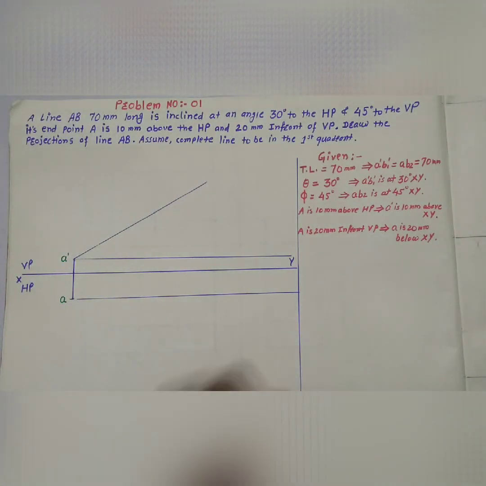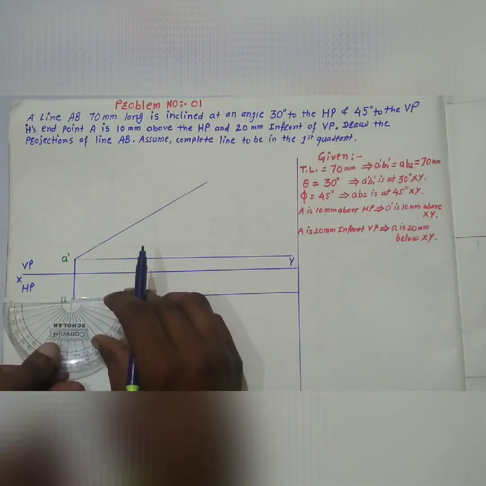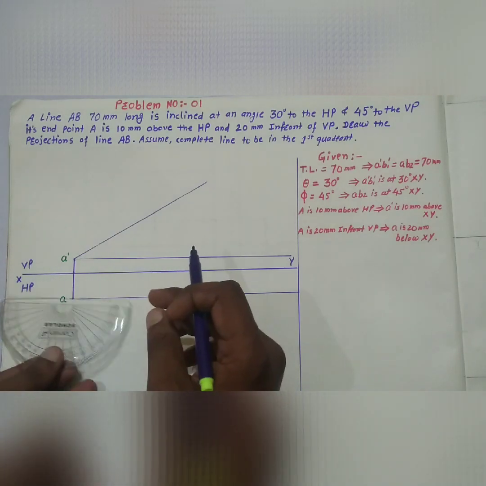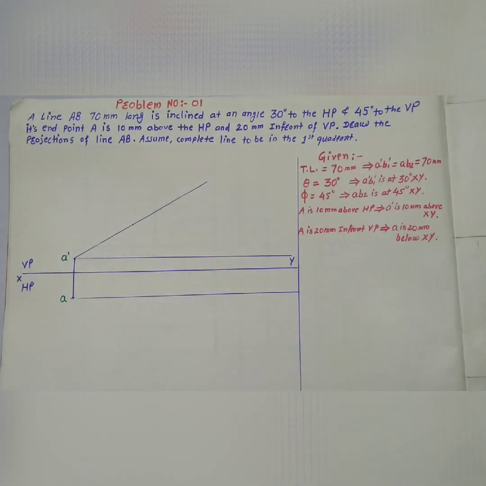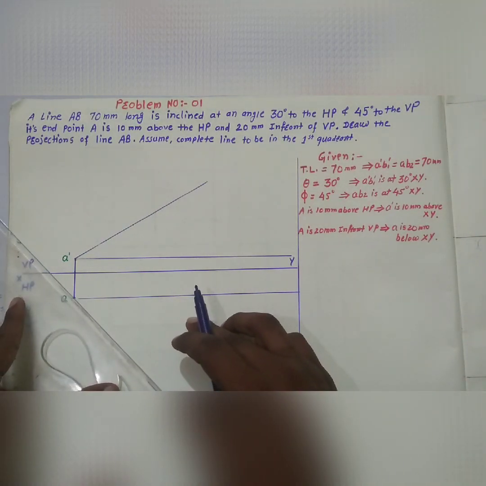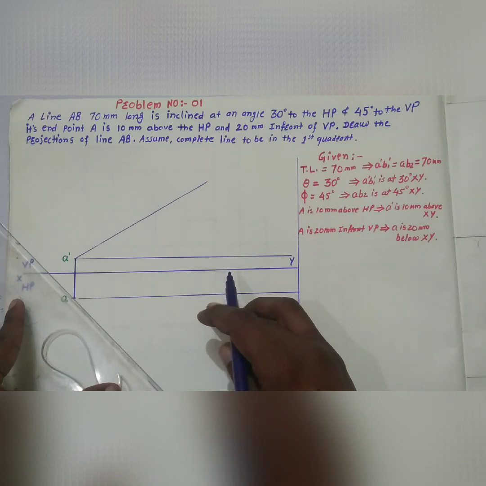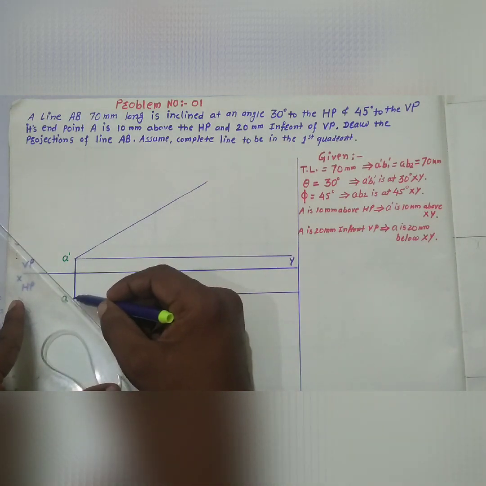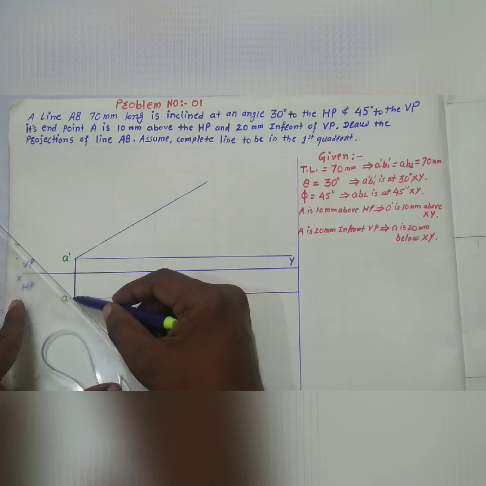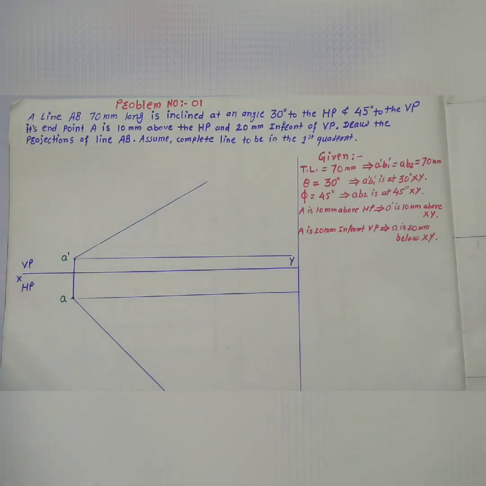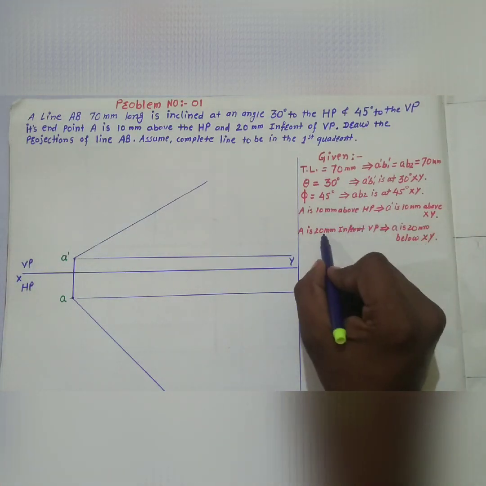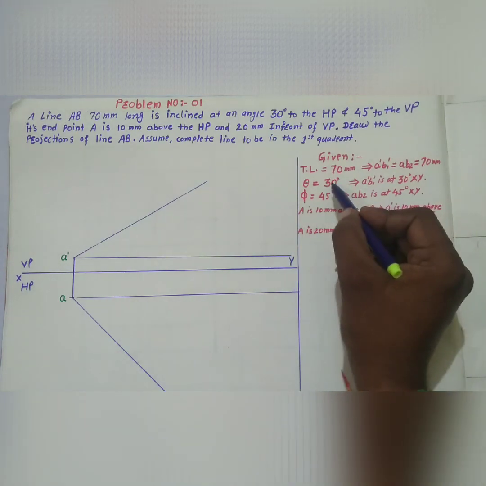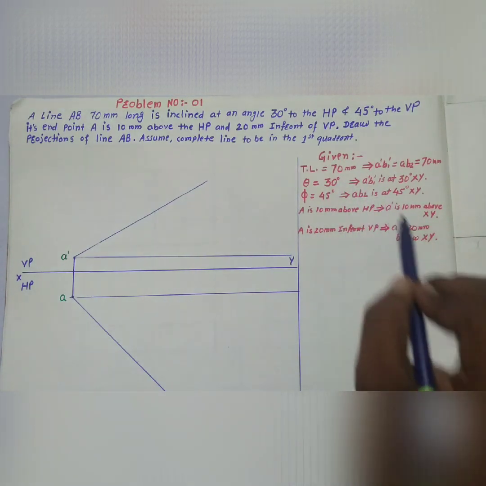Now we have to draw the angle of 45 degrees. Draw another line which passes through point A at a 45 degree inclination. As per the given data, this 10 mm, this 20 mm, then 30 degrees and 45 degrees, all these four data we have used.